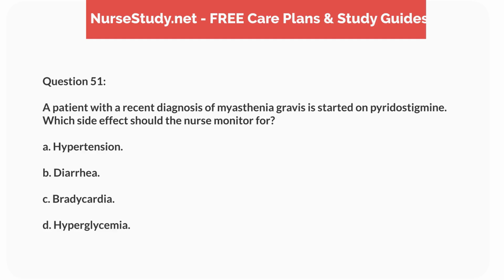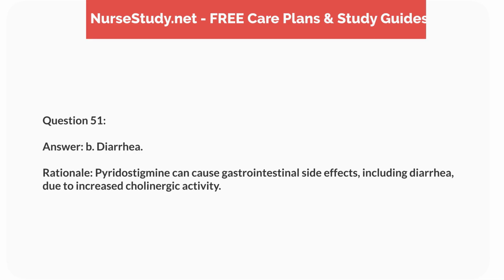B. Diarrhea. C. Bradycardia. D. Hyperglycemia. Answer: B. Diarrhea. Rationale: pyridostigmine can cause gastrointestinal side effects, including diarrhea, due to increased cholinergic activity.